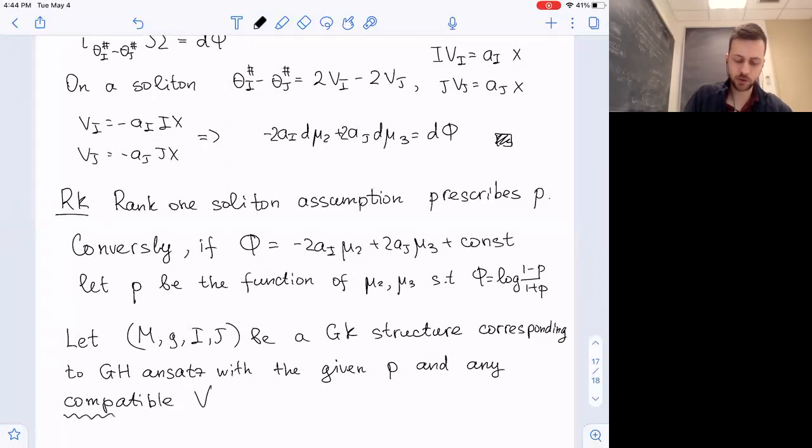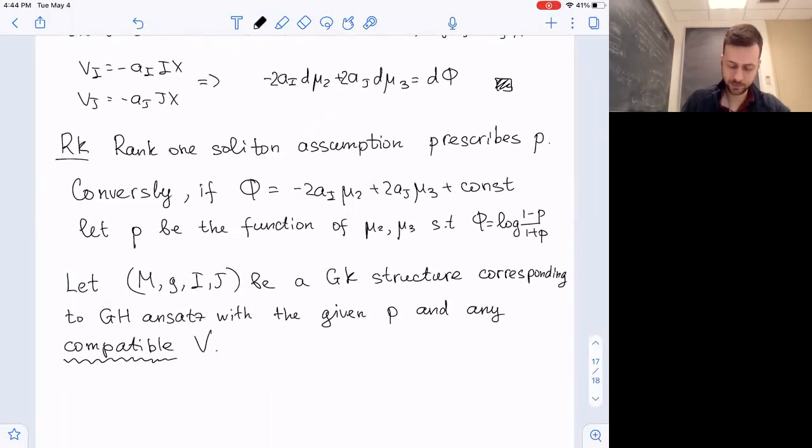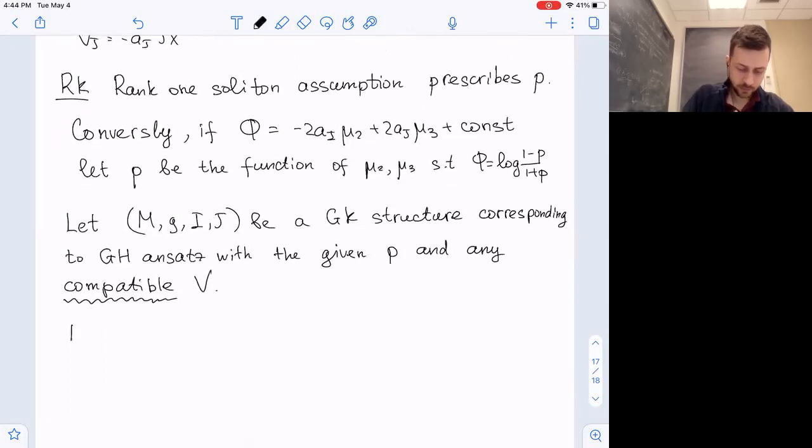By compatible, I mean that it solves that elliptic equation and the assumed homology class is integral. So these are the two assumptions on the function v. Then the one form p times d 1 over 2 p times, sorry, let me do one thing.